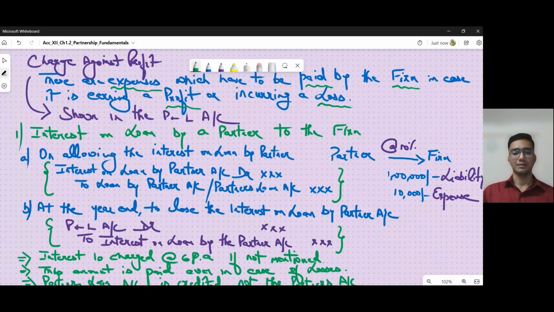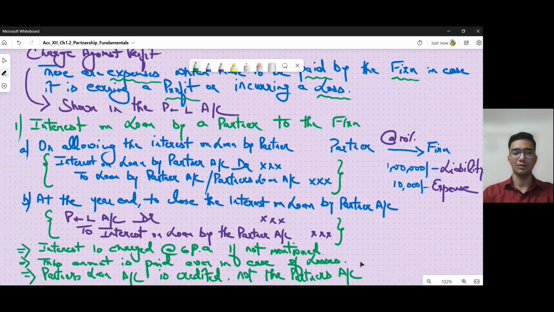This is something which you have to also keep in mind, that the partner's loan account is credited and not the partner's account. We'll see about this once we get into more detail of this chapter. We'll understand this point better then. So we'll go to the next point, just the opposite of this.